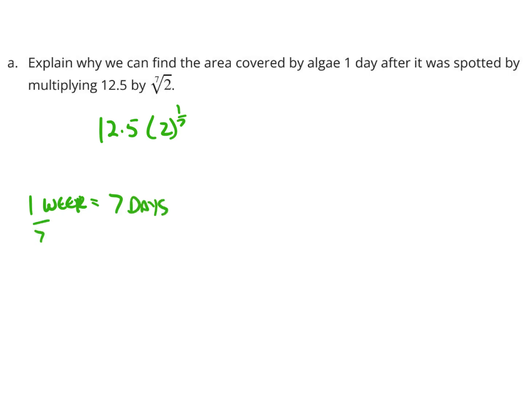So if we divide by 7, 1/7 of a week equals 1 day. So if I take my X and divide it by 7, this is going to give me an output of days, the algae coverage by day. Okay, this is a good unit, not by the week, but by the day.